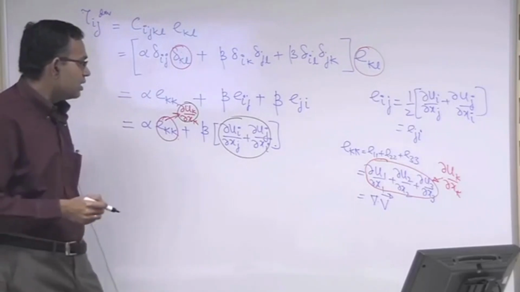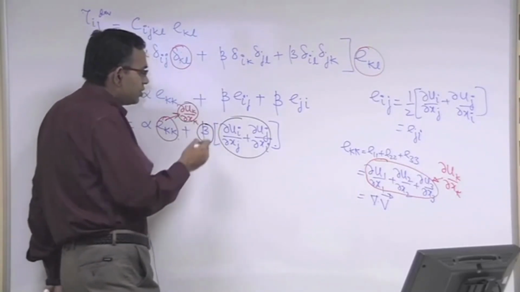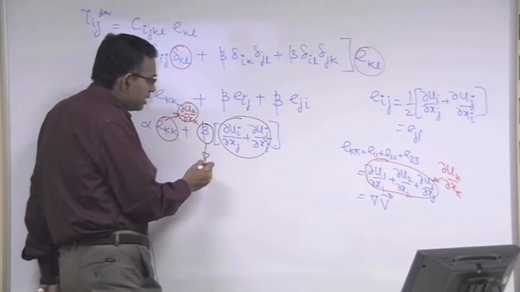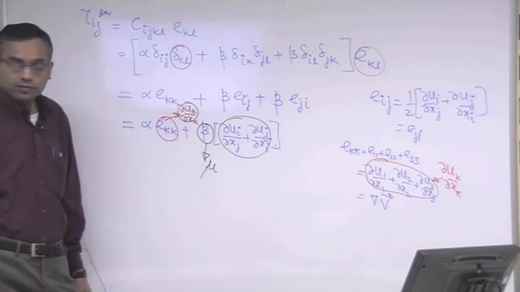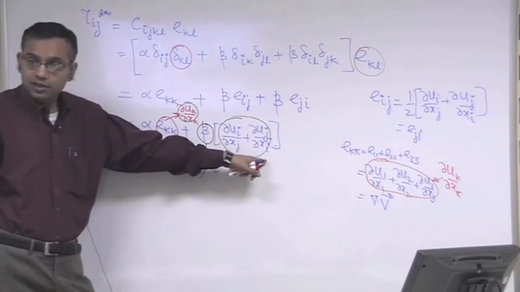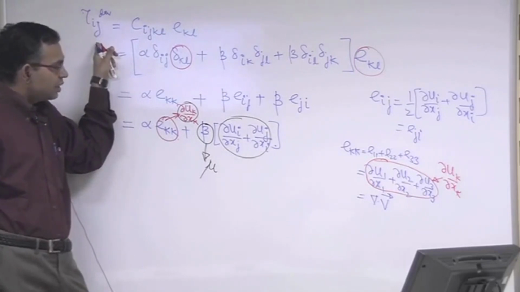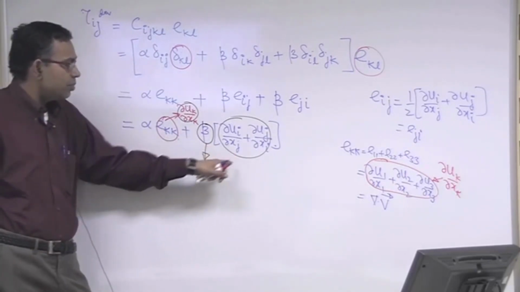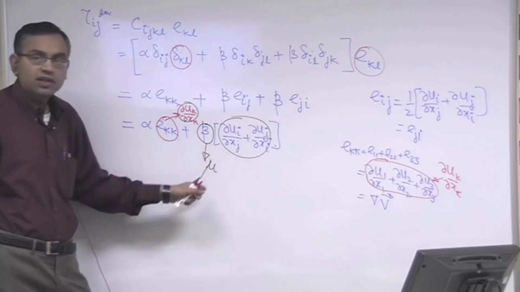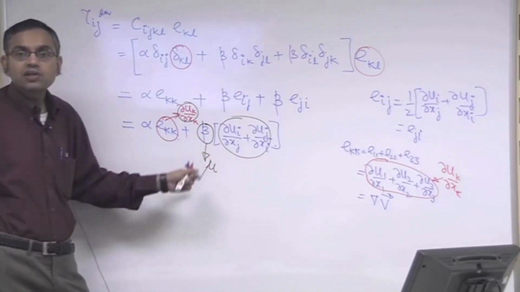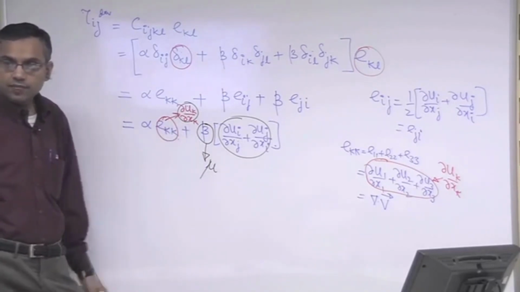Then these constants have special physical meaning. What is this constant? This is nothing but the viscosity of the fluid, because this is the rate of deformation, and one part of the deviatoric component of the stress is linearly proportional to the rate of deformation, and that proportionality constant is known as the viscosity of the fluid. That is Newton's law of viscosity.